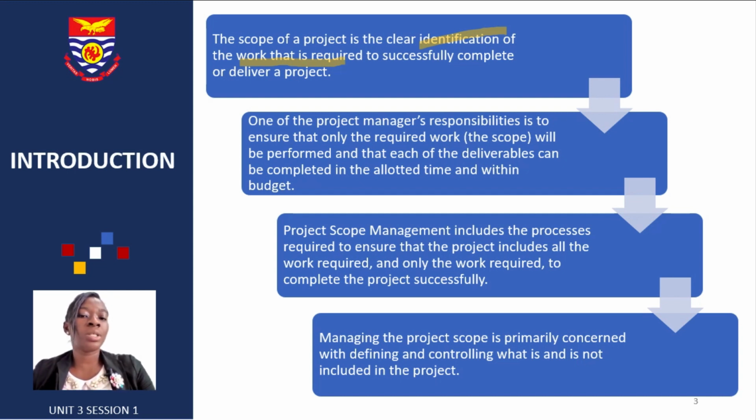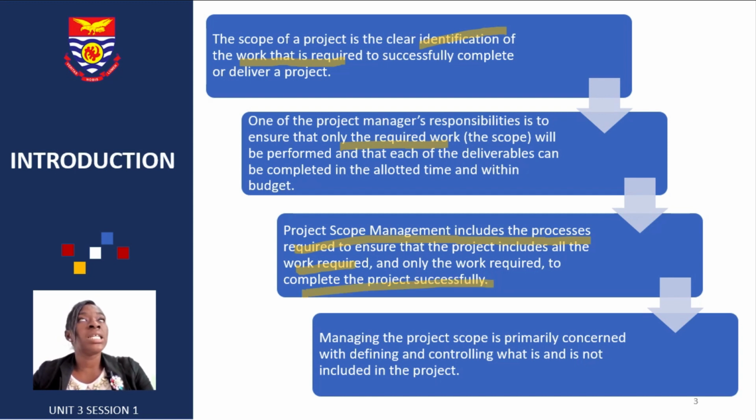One of the project manager's key responsibilities is to ensure that all the required work which will be performed is actually done, and that the deliverables, what the work is supposed to yield, are also done on time and within budget. And so project scope management is the process which helps us ensure that the project includes all the work which is required and also to complete the project successfully.